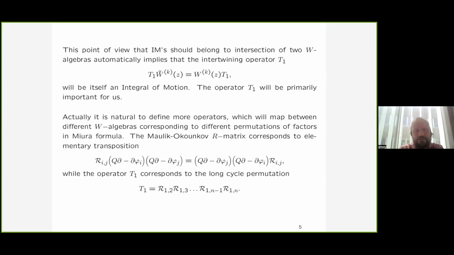Just think that it is defined by this very special RTT relation. So this is the RTT relation, and it defines the R matrix up to a total scale factor, which of course cannot be fixed here because you can multiply both sides by a scalar function.